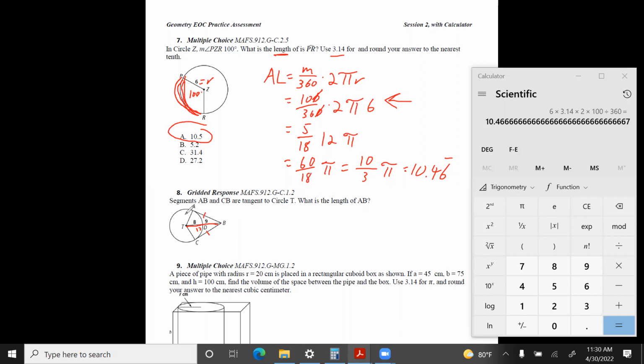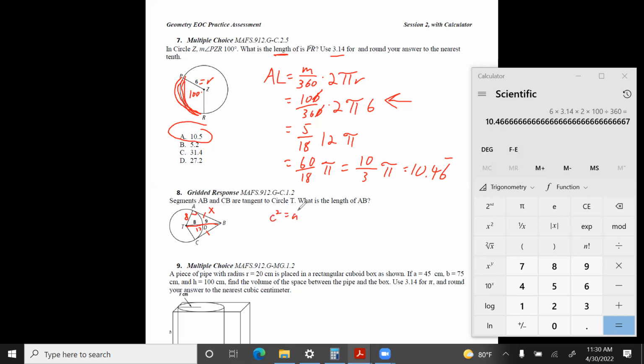So AT is also going to be 8. So now we have one other side to find. Let me call that X for now. But we have a right triangle because, again, our tangent intersects with our radius at a right angle. So this is where we can use Pythagorean theorem.